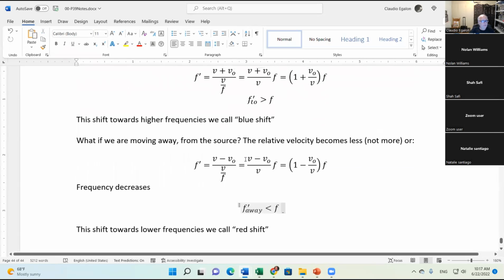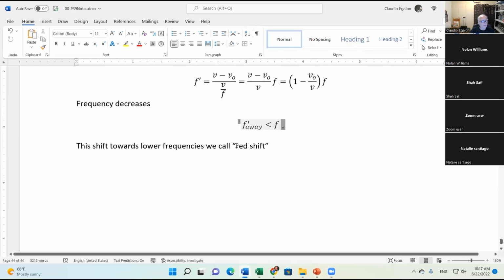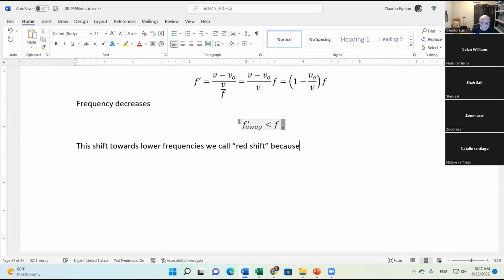Why blue and red shift? Blue and red shift is because of the analogy of the electromagnetic spectrum. Red light has a lower frequency than blue light.